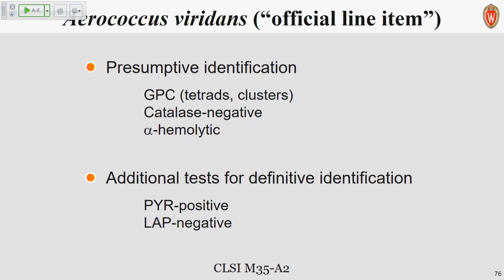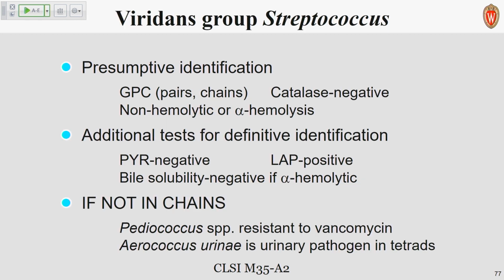Next slide. So within the current version, there's only mention of Aerococcus viridans as a specific line item that you can identify in a quickie type of fashion. Next slide. Aerococcus urinae is sort of hidden in the viridans group Streptococcus recommendations as far as quickie identification.